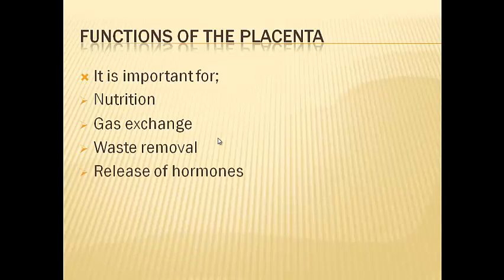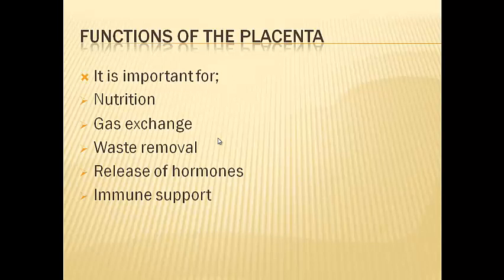There are certain hormones that are produced by the placenta, and it's also important for immune support in the sense that its structure actually acts like a barrier between the mother and the fetus, in the sense that it only allows certain things to pass through, so nutrients, gases, and things like that.